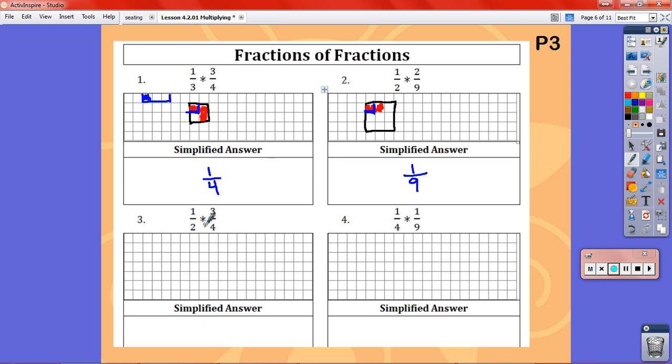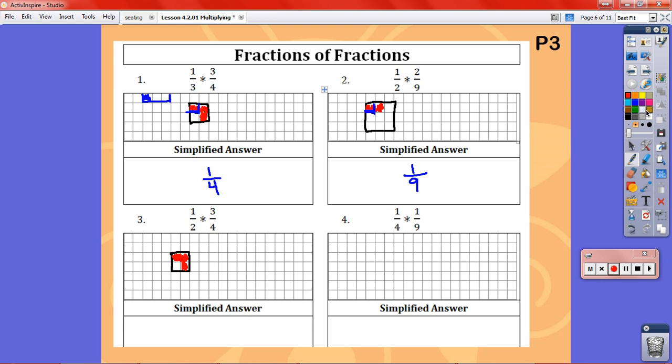Now we have 1/2 of 3/4. That's harder. 1/2 of 3/4. So let's see. 3/4 is the same as before. So let's fill in 3/4. But we need half of that.